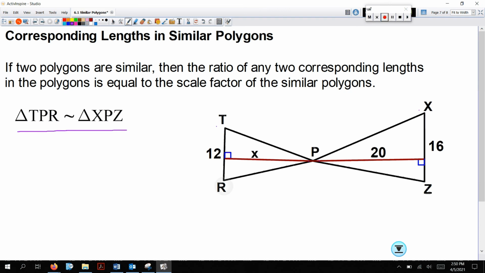So that means TR and XZ are corresponding sides. So 12, which is TR, and XZ is 16. 12 over 16 is 3 over 4. This is the scale factor.